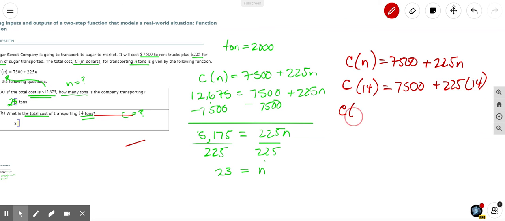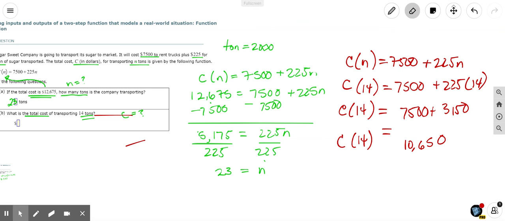We can go to our calculator. 225 times 14 is 3150. 3150 plus 7,500 is 10,650. So C of 14 is equal to $10,650.